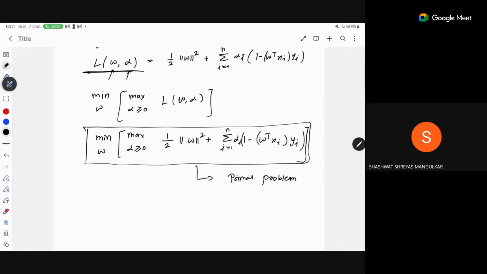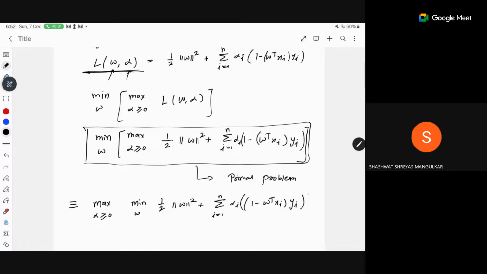Solving this problem is maybe a little bit difficult. So there is one more idea to solve this problem, which is by using the dual problem. And this is equivalent to this part, which is maximum over alpha greater than or equal to 0 and minimize over W half W squared plus summation alpha i 1 minus W transpose xi yi.